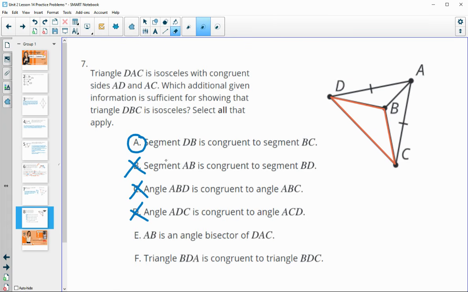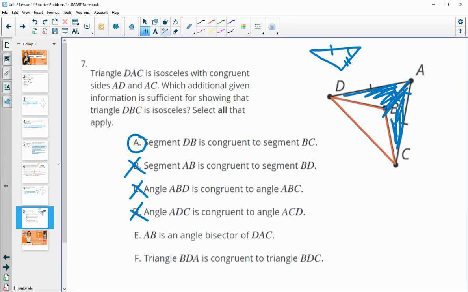All right, then AB is the angle bisector of DAC. So this bisects this angle. Now that's helpful because now that gives us in each of these triangles this information. So now we know that this triangle is congruent to this one. And if those two triangles are congruent, then we know that their corresponding parts are congruent, meaning this is congruent to this. So then we would have an isosceles triangle.